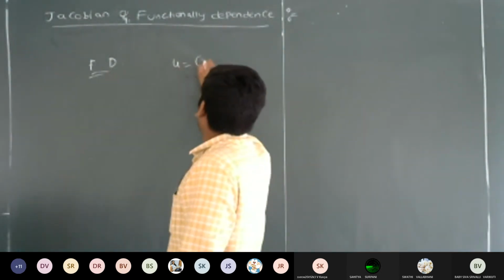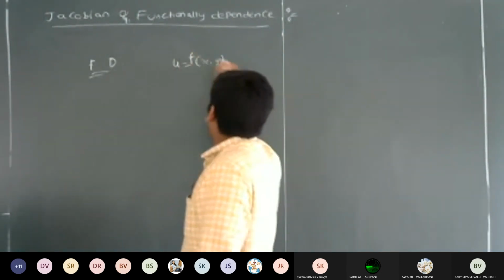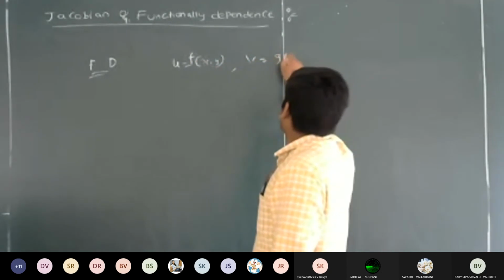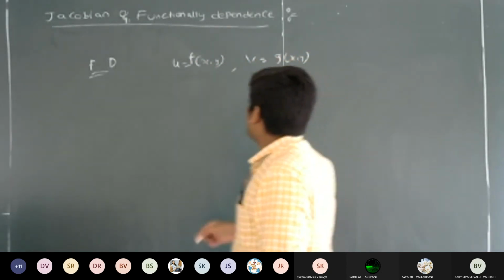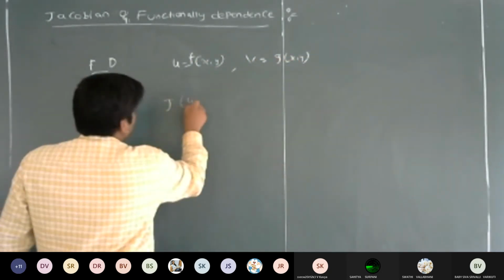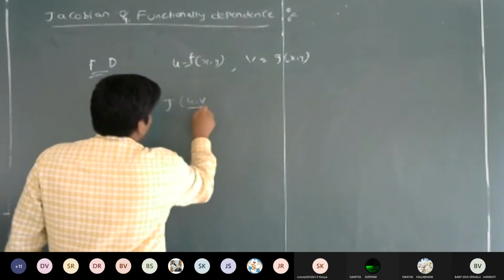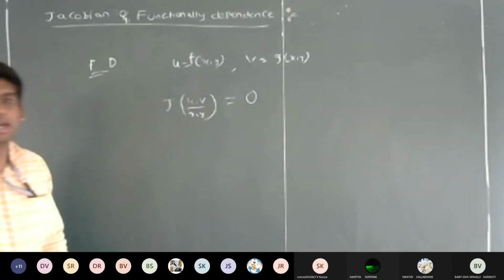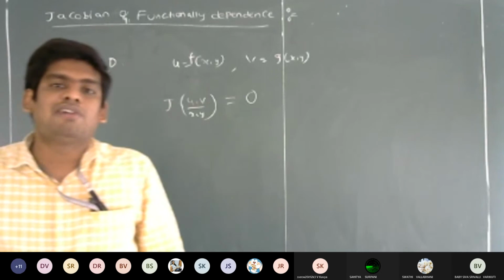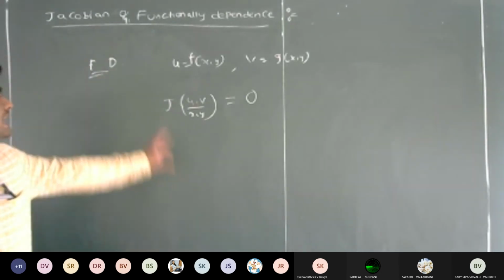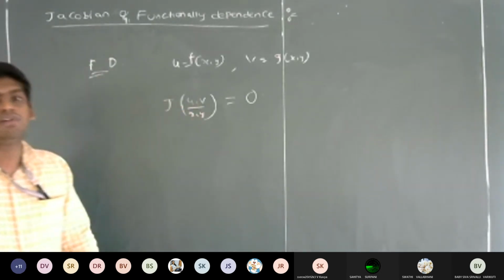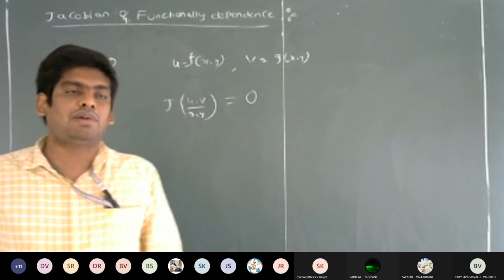Suppose u is a function of x comma y and v is a function of x comma y, and the Jacobian of u comma v by x comma y is equal to 0. Then we say that u comma v are functionally dependent on x comma y.